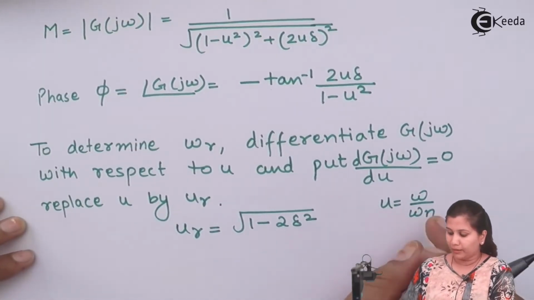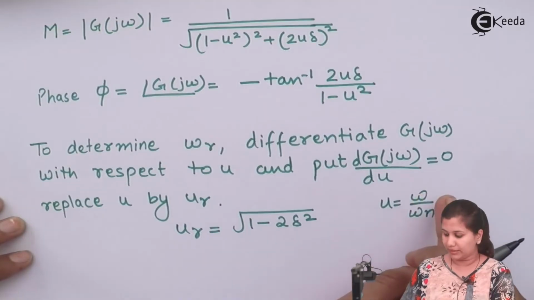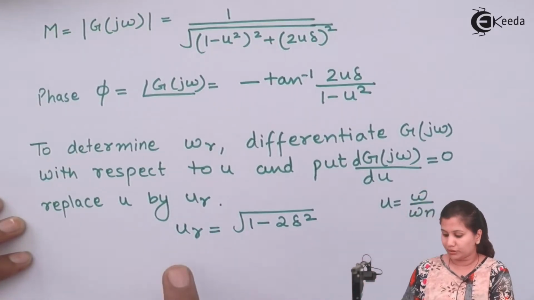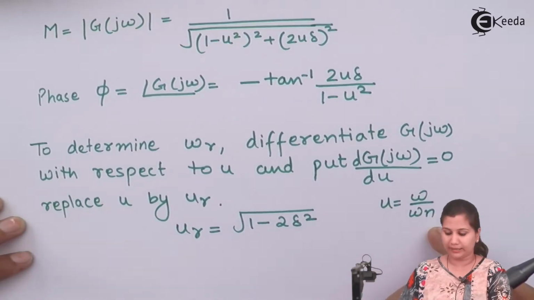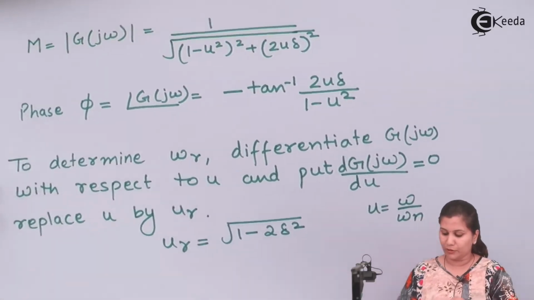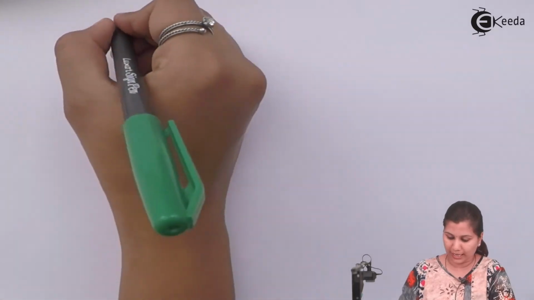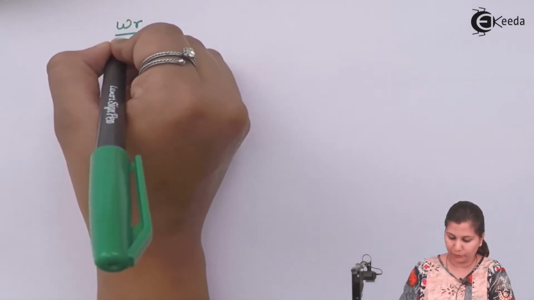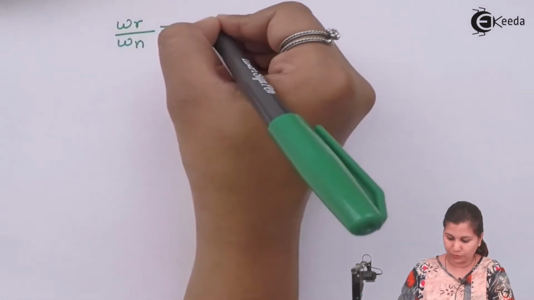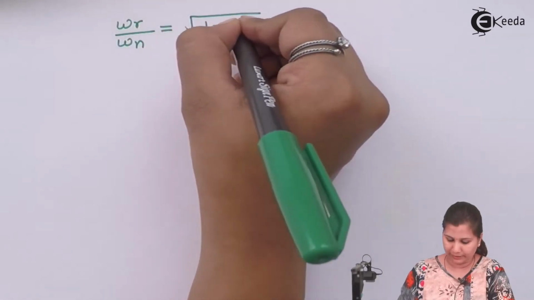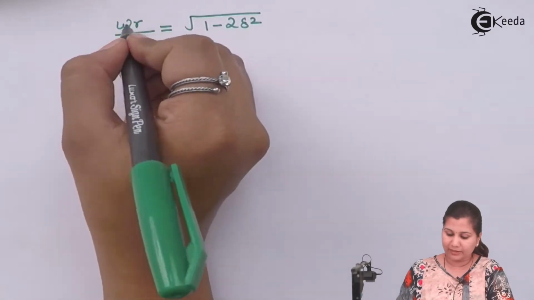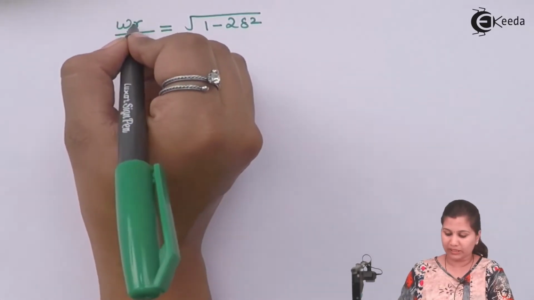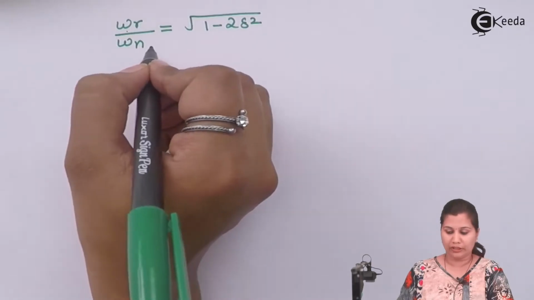Here omega was our frequency, so this ur will be resonant frequency upon natural frequency omega n. So we will write ur as omega r upon omega n equals under root of 1 minus 2 del square. That means it is the ratio of the resonant frequency and the natural frequency.